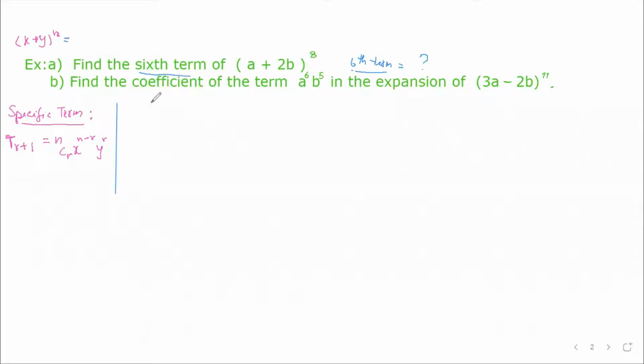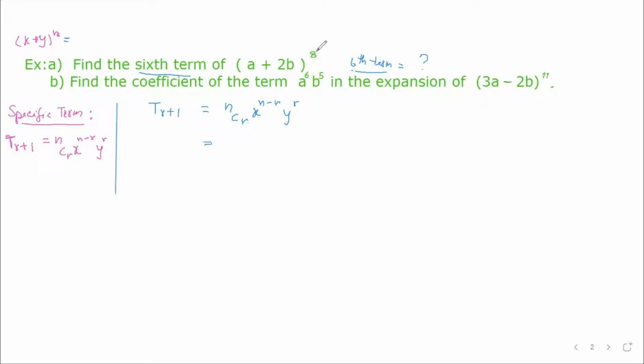So I write it like this. T r plus 1 formula again equals nCr x power n minus r and y power r. Actually, it's similar to the first term formula before. I don't want to write it down again because it's too long. So in this specific formula, nCr times x power n minus r, you can observe nCr, and x means the first term here, n minus r on the top, and y power r here.